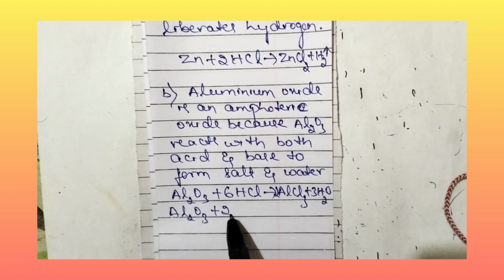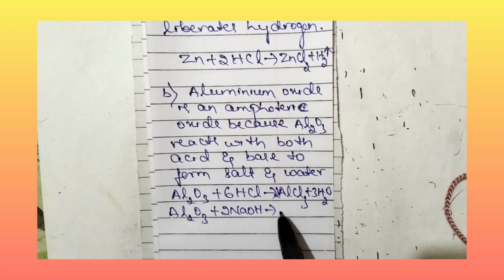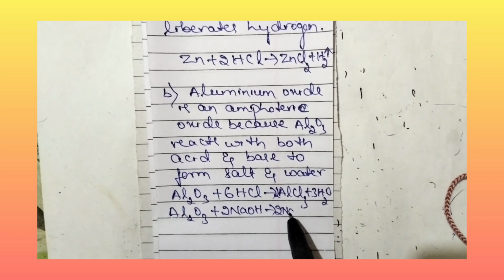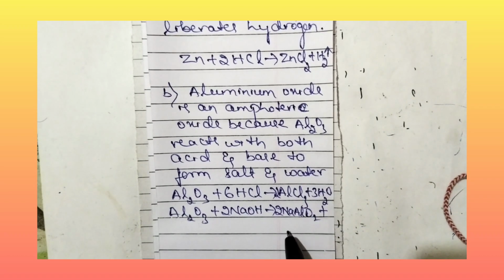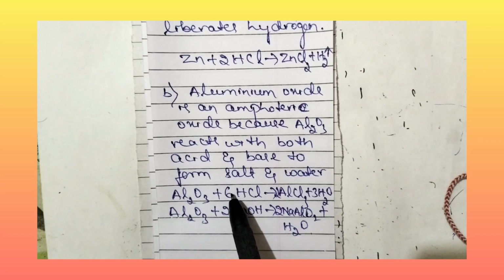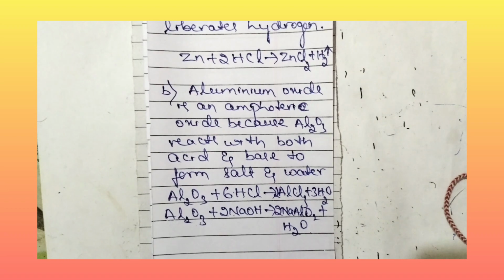It also reacts with sodium hydroxide, which is a base, to form 2NaAlO2, that is sodium aluminate, and also water, H2O. So this is salt and this is water. It reacts with both acid and base to form salt and water: with acid, salt and water; with base also, salt and water. Therefore, it is called an amphoteric oxide.